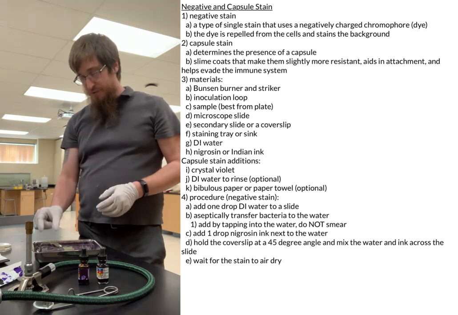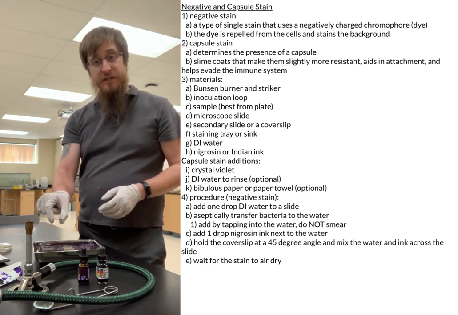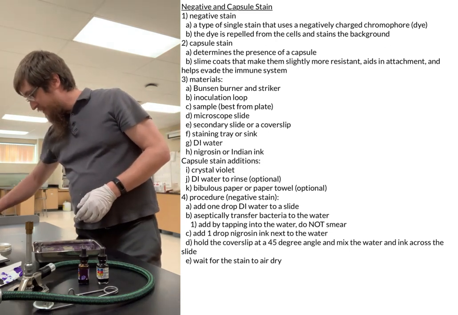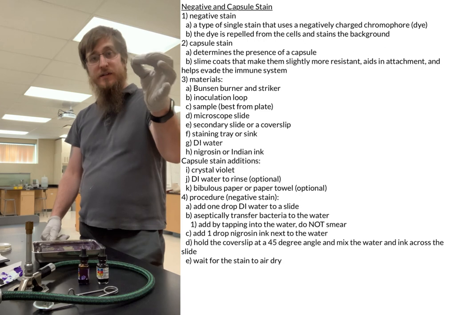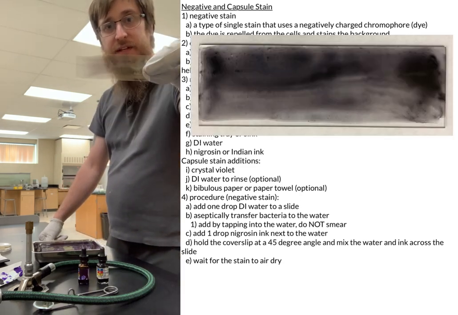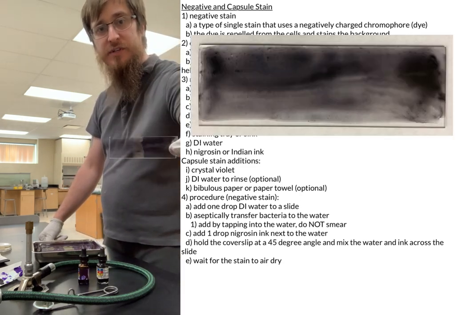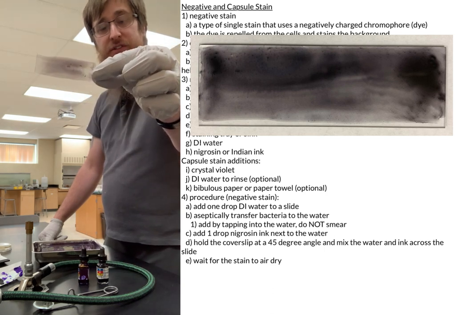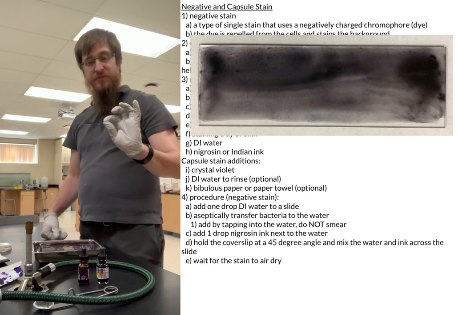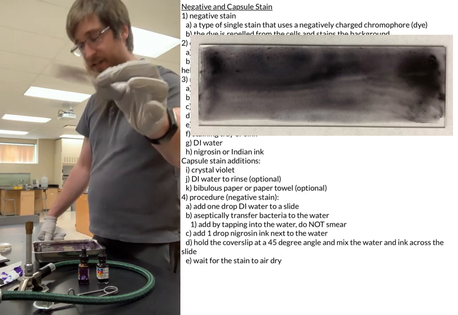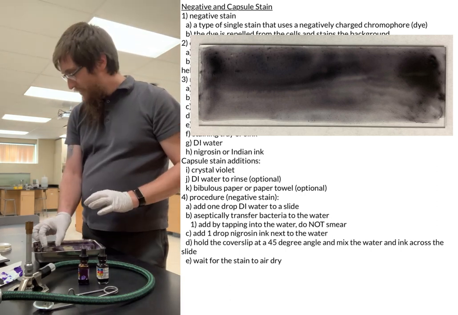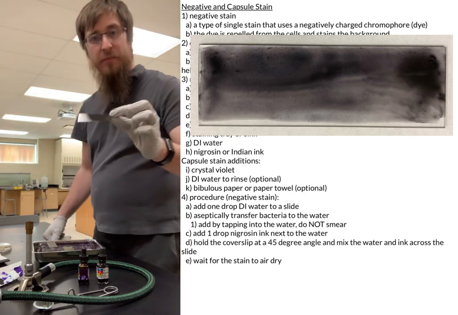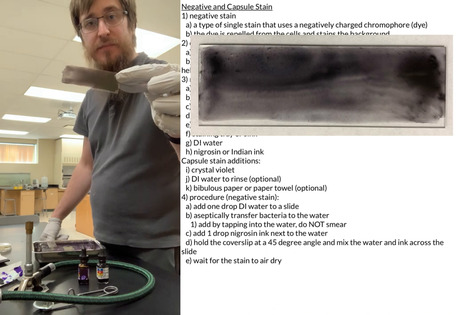But I'm going to speed up this process a little bit, so I'm going to move this one over here, and take one that I've made beforehand. This is basically what we're looking for at the end. It should look like a faintly colored, kind of black slide, or if you had a lot of stain on there, it might be a bit more darkly colored.